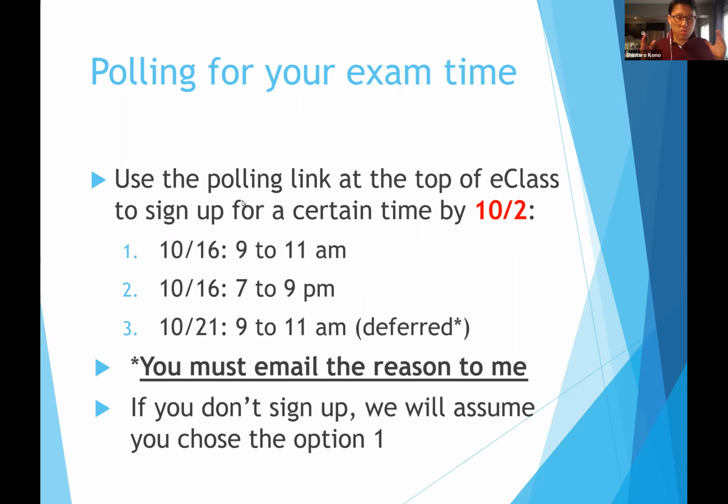And I listed a third option here, October 21st. This is a deferred midterm. A deferred midterm is not given freely; it's a privilege according to the university's policy. So you cannot choose the third option without having a very important reason, for example, a medical appointment with a doctor on October 16th all day, or you're having surgery in the morning.